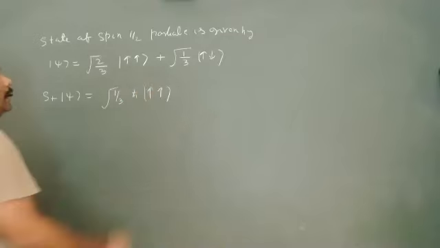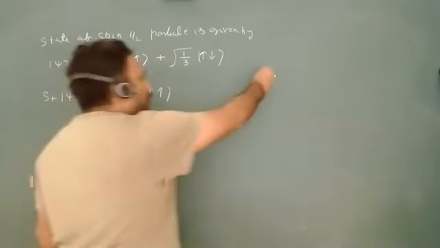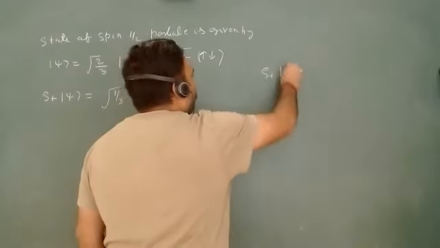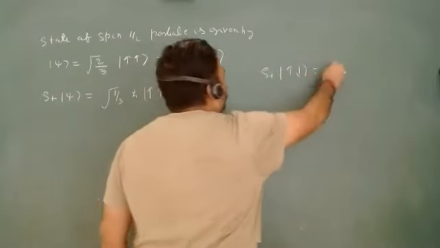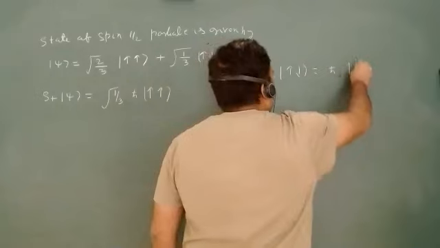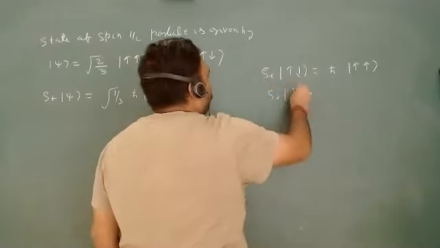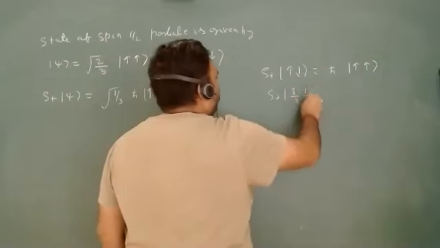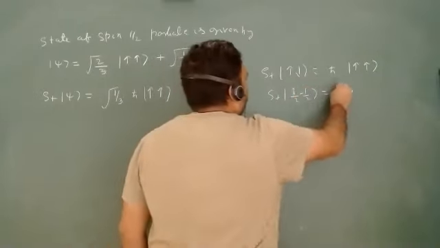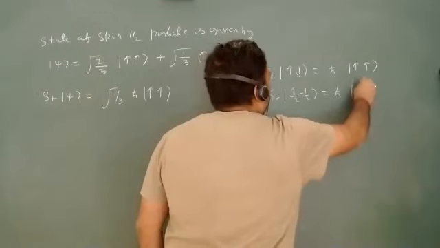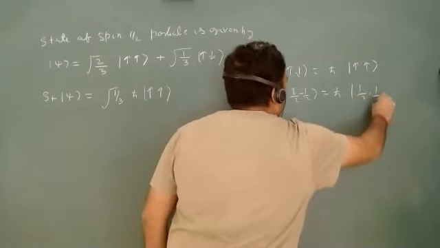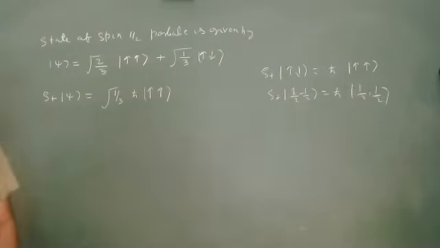What is the meaning of up and up? Obviously you can check S plus will operate on up and down. It will go to ħ up and up. Means I am just talking about this. S plus will go to half and half, half and minus half. It will give you ħ half and half. So please, the notation is a little bit complicated, but the calculation is very easy.